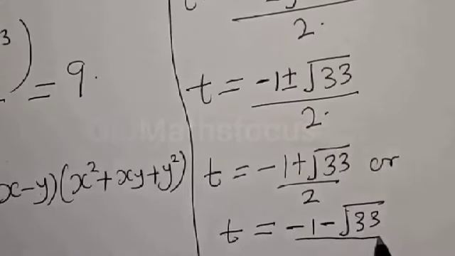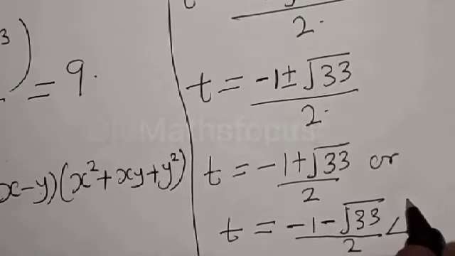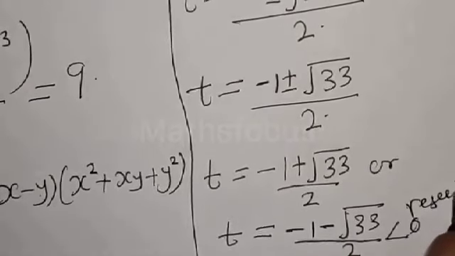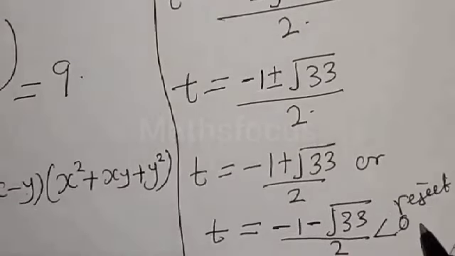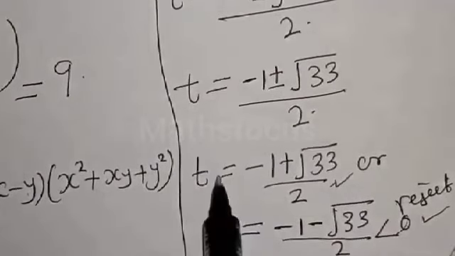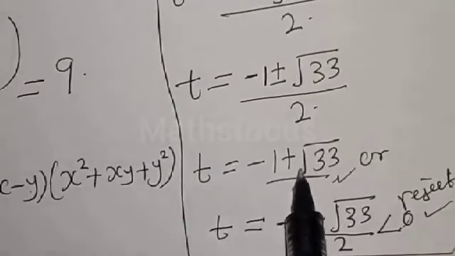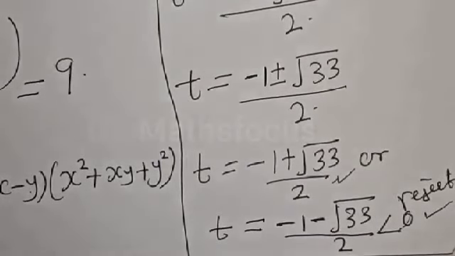then divided by 2, and this is less than 0. We reject this, because there's no real root here. Then we only accept this, which is t is equal to minus 1 plus square root of 33 divided by 2.